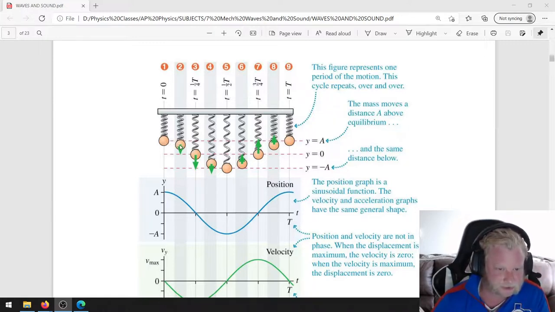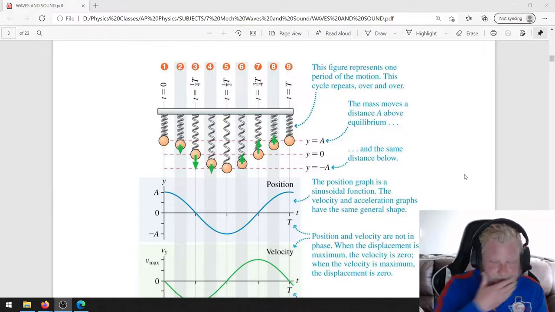Well, what happens? The restoring force of the spring pushes it back towards equilibrium. It goes to a negative amplitude, the maximum displacement off of your equilibrium position, and then it gets pulled back in past equilibrium and then back towards your positive amplitude. And so this cycle repeats itself over and over and over again.